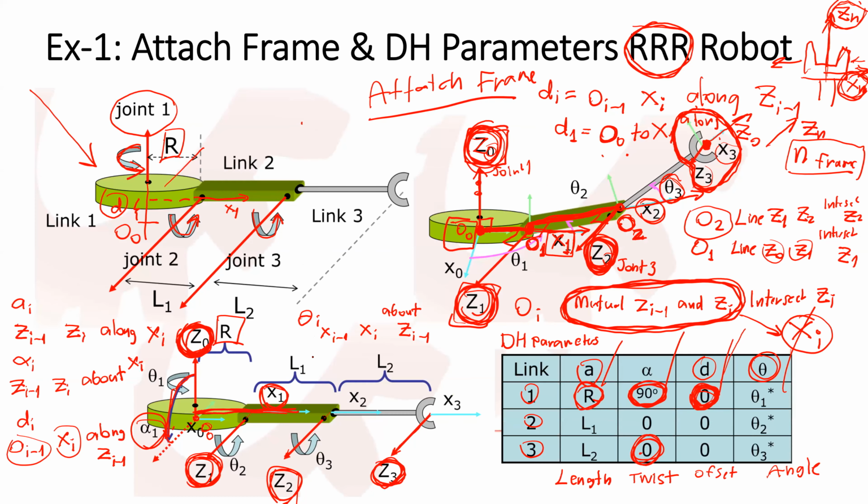So for angle 1, it is the angle between x0 and x1 about z0. What is the angle between x0 and x1 about z0? Let's look at this picture again.